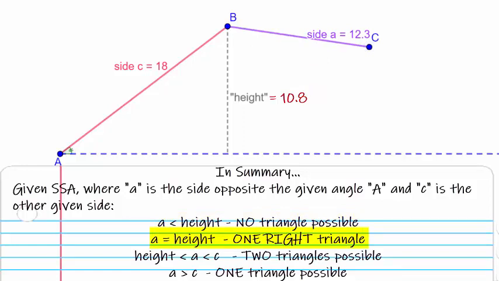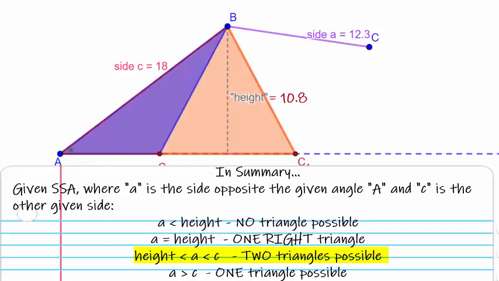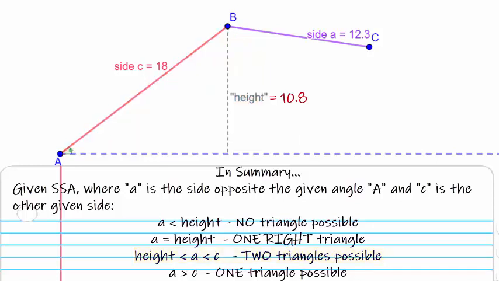But if side a is equal to the height, then it's just right. Literally, it's just right, and you will have one right triangle that can be formed. However, if a is bigger than our height value but less than side c, then there are going to be two triangles possible, that orange triangle and the purple triangle shown.